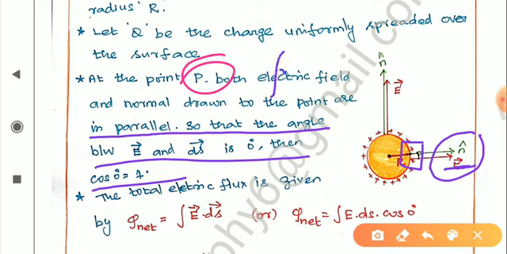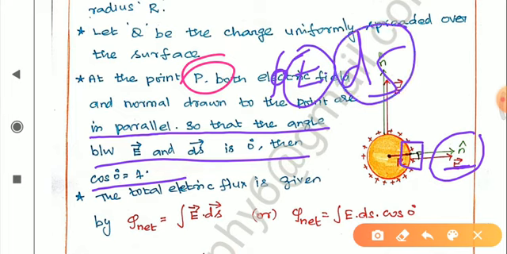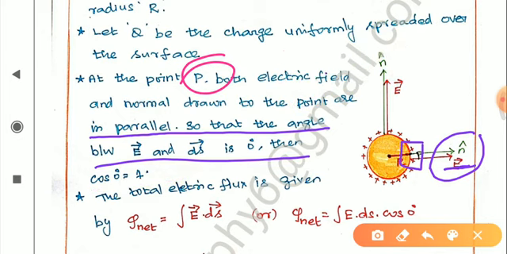It is given by integral E dot dS. E is the electric field that we are going to calculate. What is dS? It depends upon the size of the body, the geometry shape. Here we are considering the sphere, so the area of the sphere is given by 4 pi r square. Are you clear?